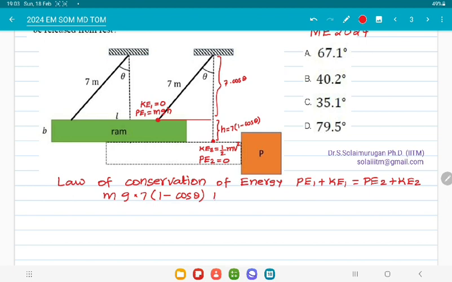Then kinetic energy 0 equal to final potential energy 0 plus half into m into v, 5 square. Okay, right. So g is given 9.81. We can substitute. So m will be cancelled.